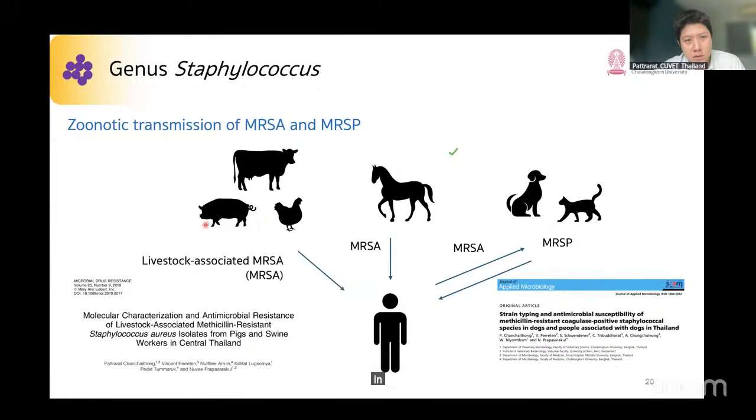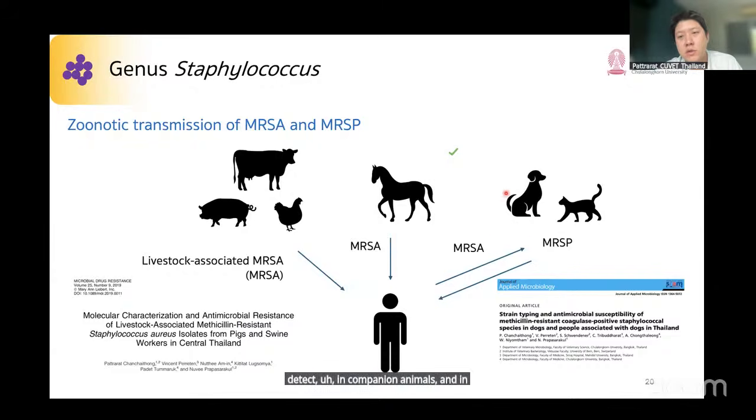In livestock, there are specific clones of MRSA. We call them livestock-associated MRSA. Okay, this can be transferred to humans, especially farm personnel. I found identical livestock-associated MRSA strains transmitted from pigs to humans in the farms. And MRSA can also be detected in companion animals.